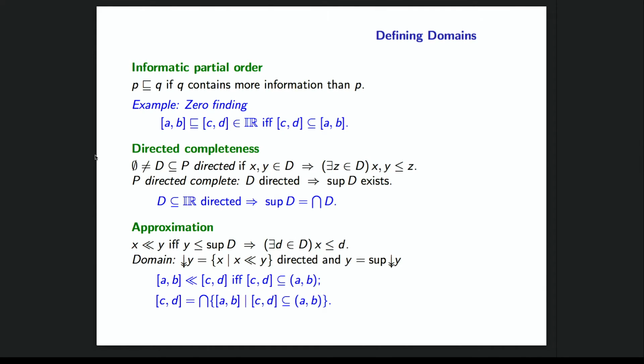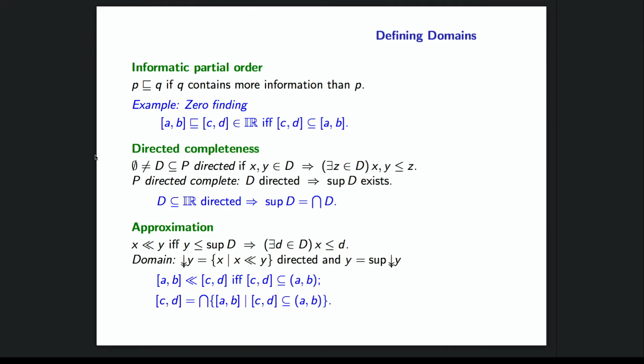If whenever you have a consistent family of information that contains as much information as y contains, then at some point in that consistent information you already contain what x contains. And that really captures the idea of the x. If you compute enough to get y, at some finite stage you have to have already gotten x. Okay? And that's the notion of, as we're calling it, approximation, but actually computability, if you like, in a finite time, embodied in this theorem.